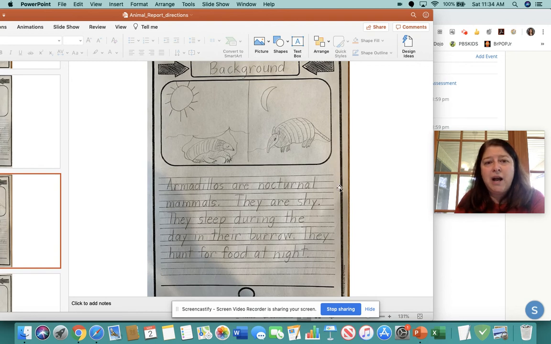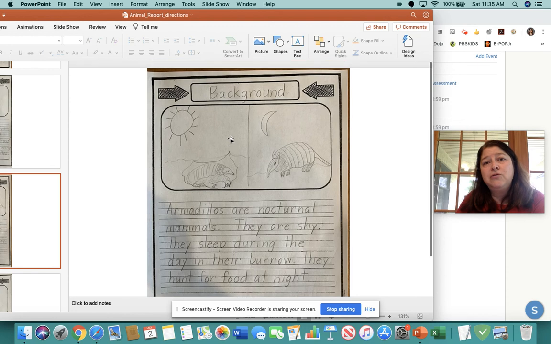They are shy. They sleep during the day in their burrow. They hunt for food at night. Now, since this wasn't a page about what their diet is, I didn't want to include any of the food they eat. I just wanted to let you know when they hunt for that food. Okay, and then when I get to my diet page, I really won't have to tell you that because you already know.